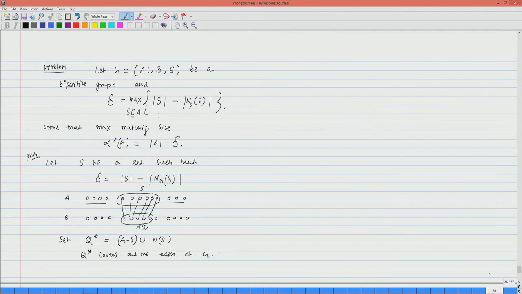Okay. So, this Q star, what is the size of this Q star?